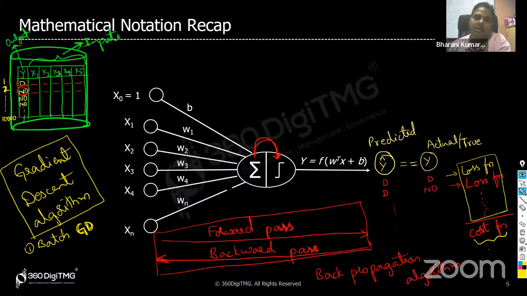Okay, anyways. So next, you have another variant which is called stochastic gradient descent. Stochastic means random.